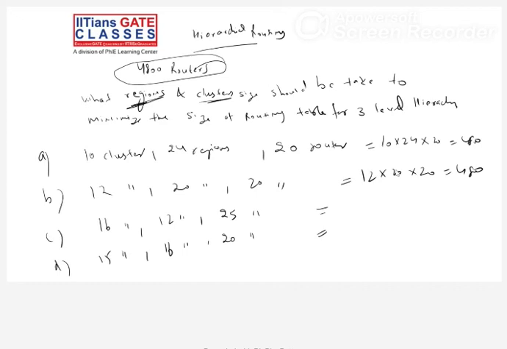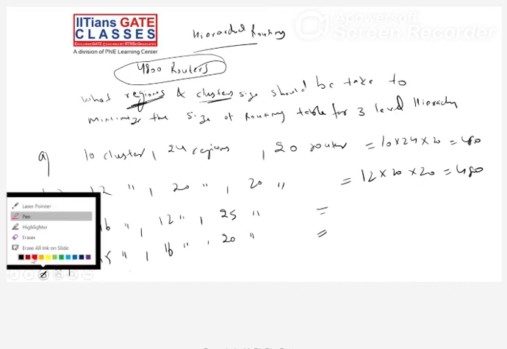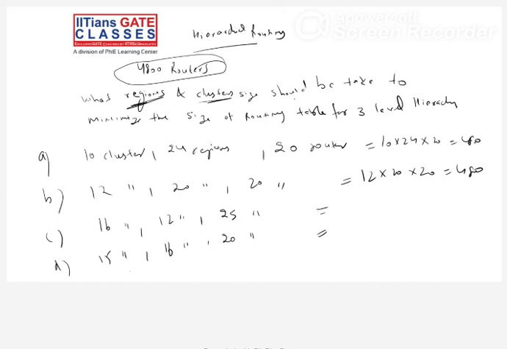The question is what region and cluster sizes should we take to minimize the size of the routing table for a 3-level hierarchy?